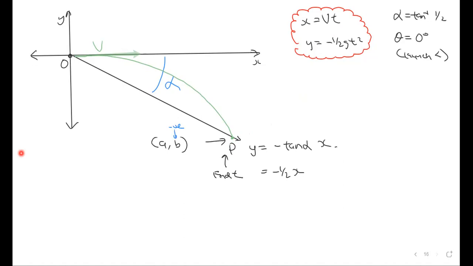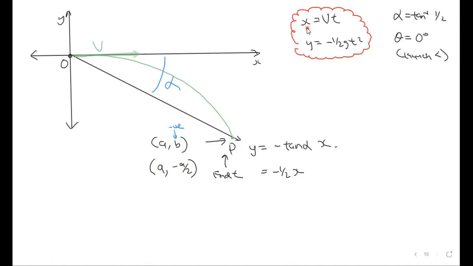But our relationship is the fact that because it's y equals negative half x, then another way we can think about this is it's going to be negative a over 2. Because it's on the line y equals negative half x. So if x equals a, then b is just going to be negative a over 2. So we don't know what a is, but we do know that there's this relationship at impact.